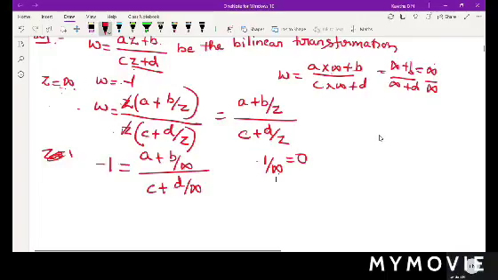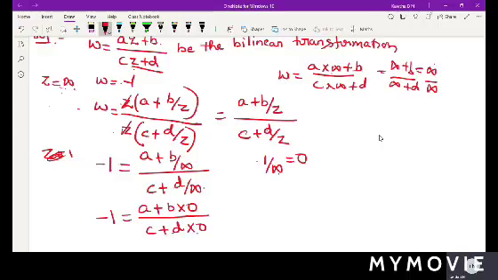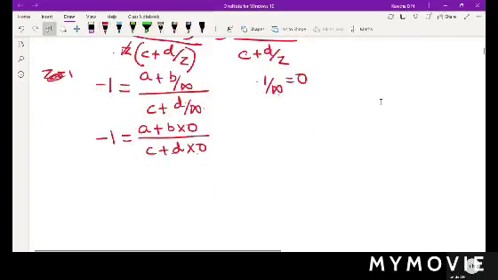Then minus 1 is equal to (a plus b into 0) divided by (c plus d into 0). B into 0 is 0, so a plus 0, and c plus d into 0 is 0.